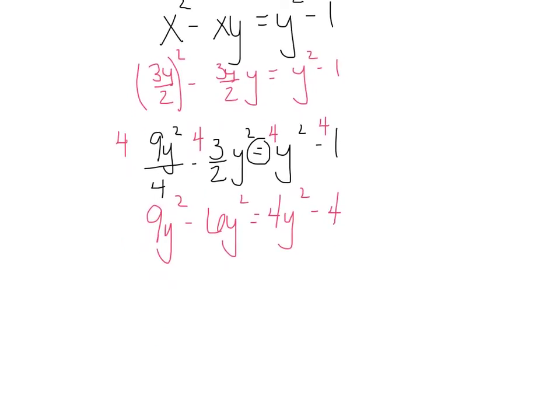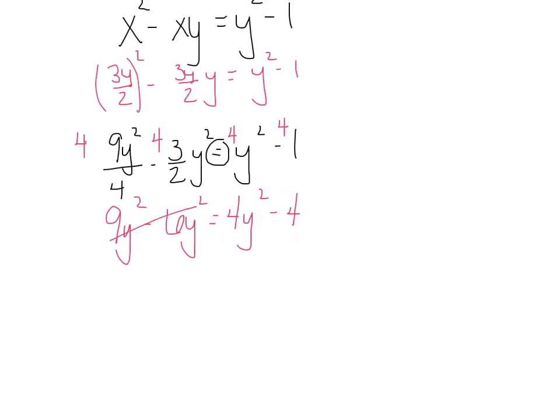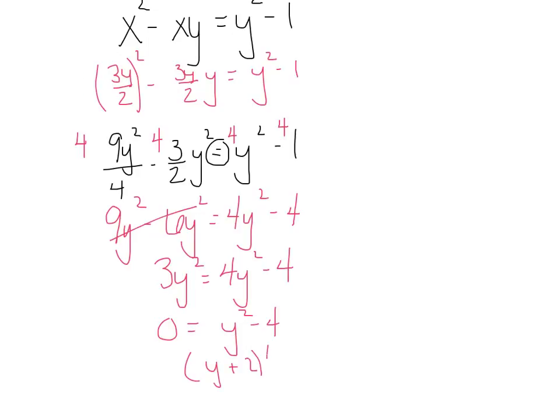And as I clean that up, let's see, that's 3y squared equals 4y squared minus 4. Oh, I'm going to subtract that over, so I get 0 equals y squared minus 4. And if I factor that, I get y plus 2, y minus 2. So y equals plus and minus 2.